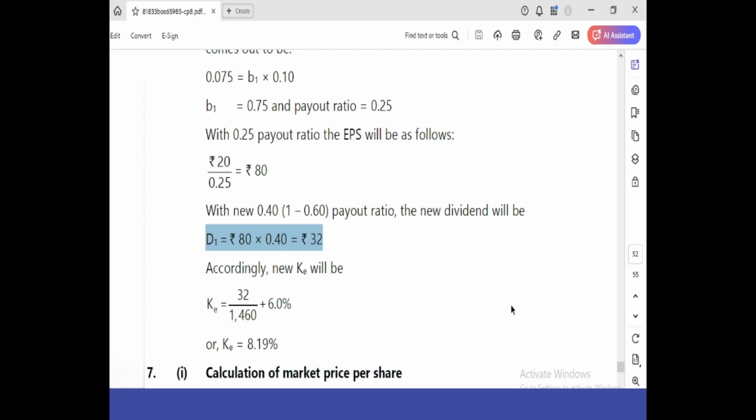Is that clear? Now coming back to computing the cost of equity, write this down. Cost of equity equals D1 by P naught plus G. First write the formula, then you can write the next line.